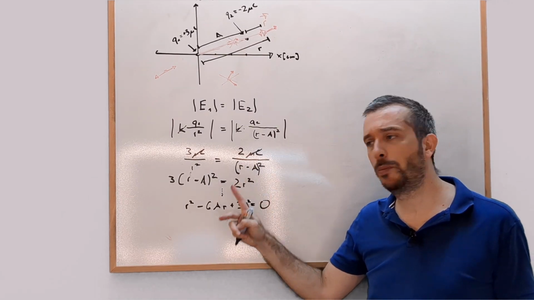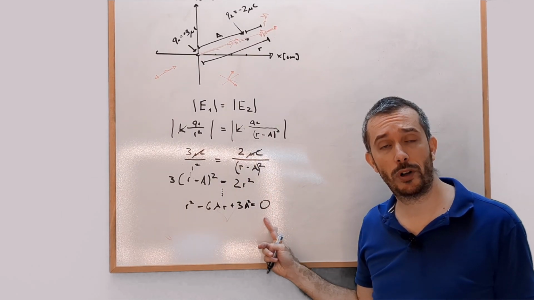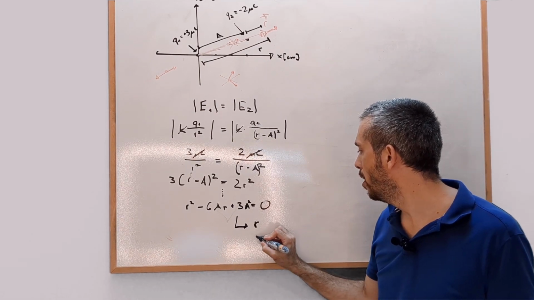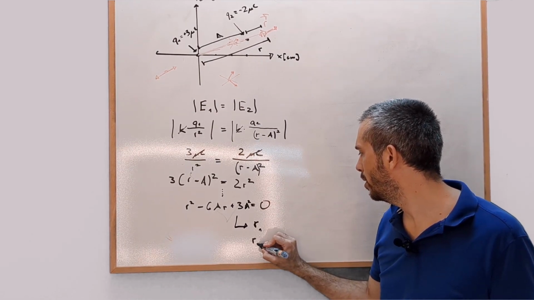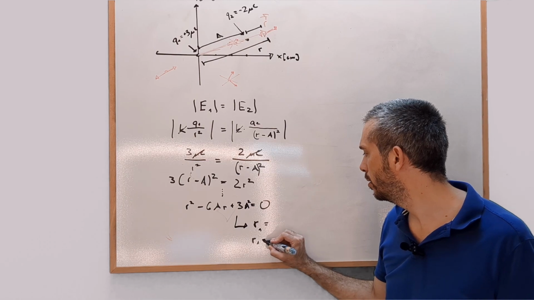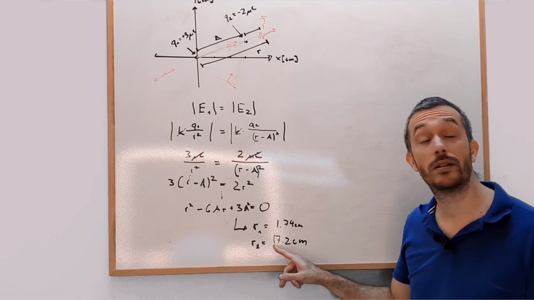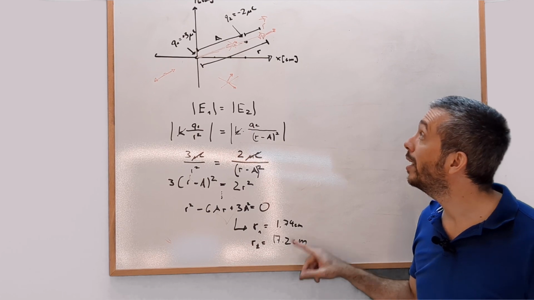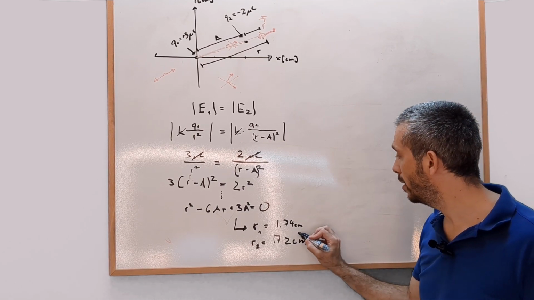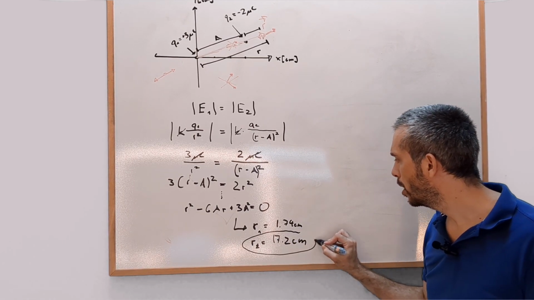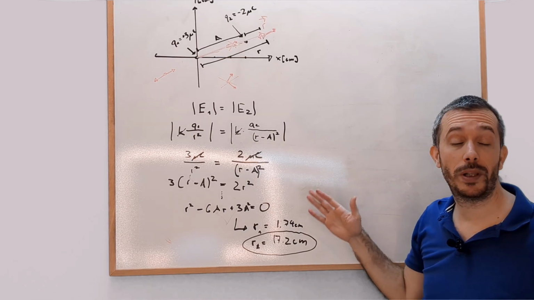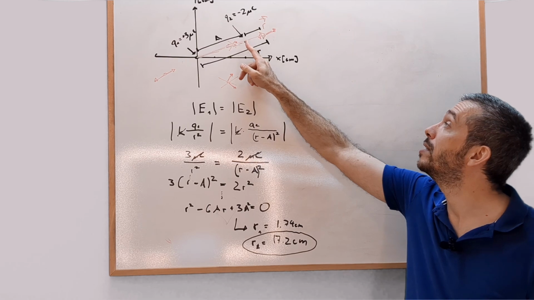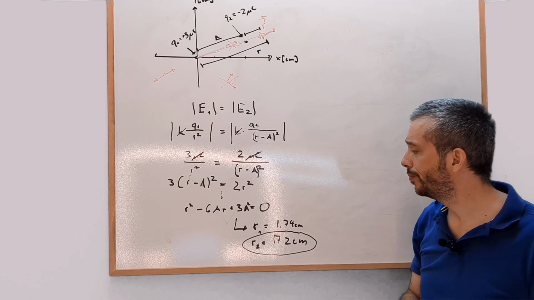A couple of math manipulations later, I get my standard form for the quadratic equation and I can solve for R. When I plug this in my calculator, I will get two answers. One is 1.74 centimeters, the other being 17.2 centimeters. Looking at the problem, I can easily see that this one is the solution. So the other one would actually have been the solution if both charges would have the same sign.